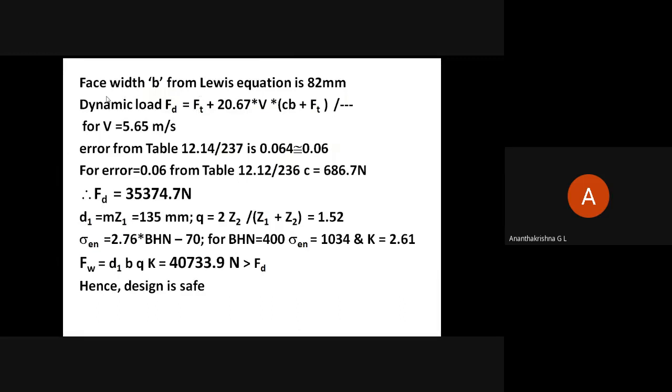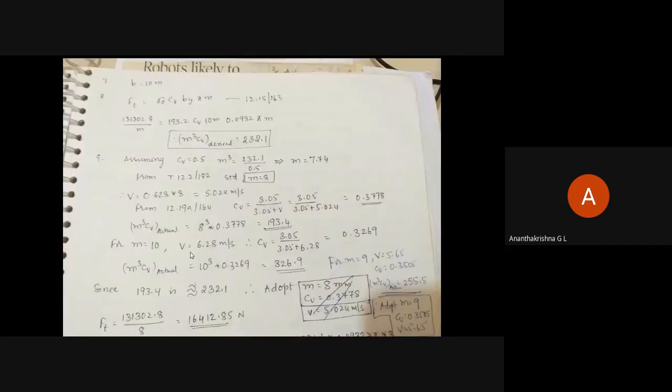Now continue with the next one. We have found out module and velocity, and we know which is the weaker of the gear pair in this problem. Pinion was the weaker of the gear pair. Correct? Now go to Lewis equation. Ft is equal to sigma naught Cv by pi into m.